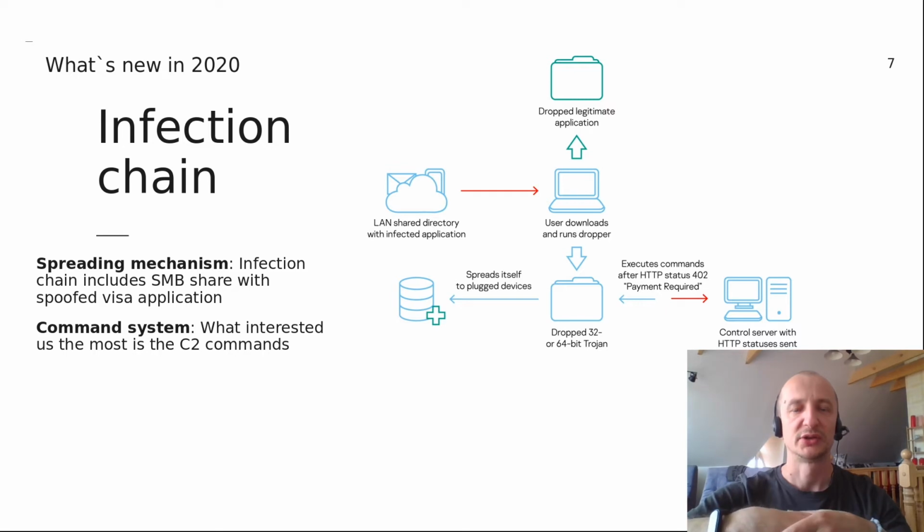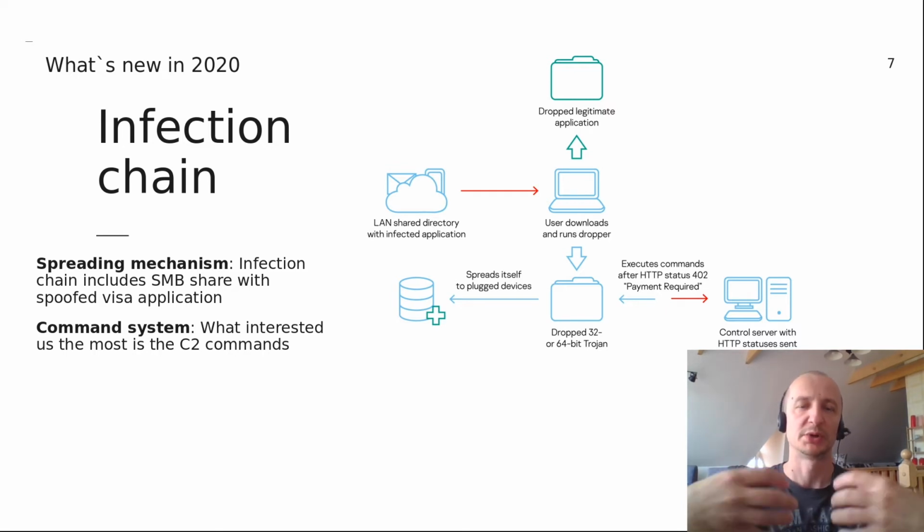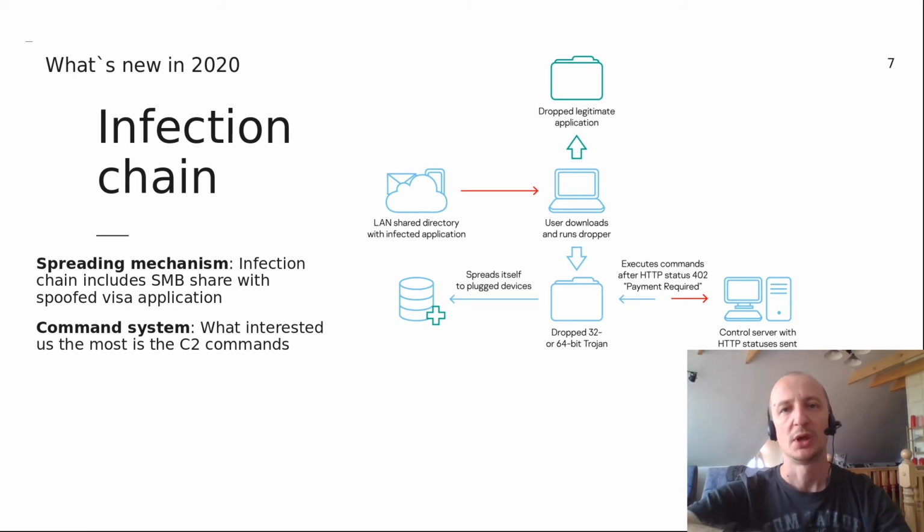Imagine a local area network, and many employees take some application from a shared folder on this LAN. In this case, diplomatic entities were the targets, and a visa application was the operator's choice for the initial infector.